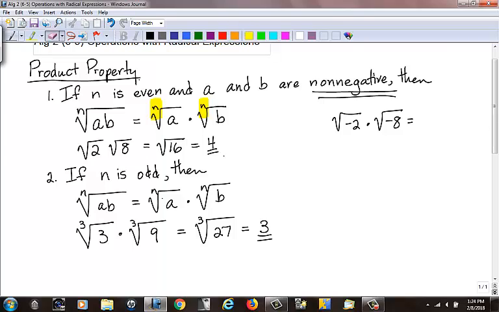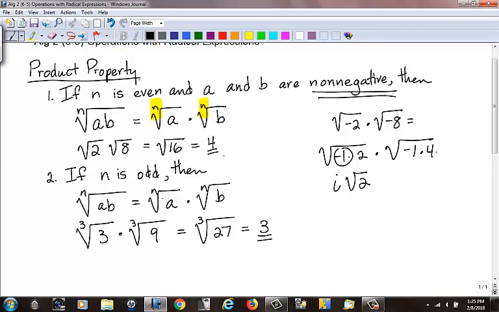What is the square root of -2? You can take out an i. You could take out a 2i, still have a radical 2 left.